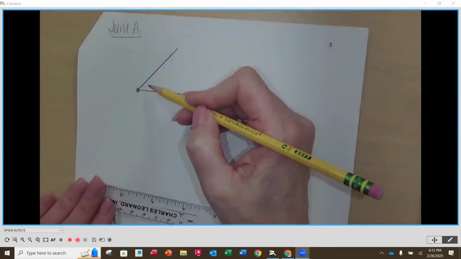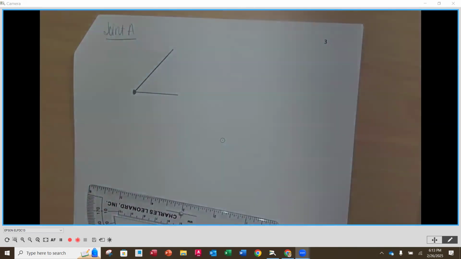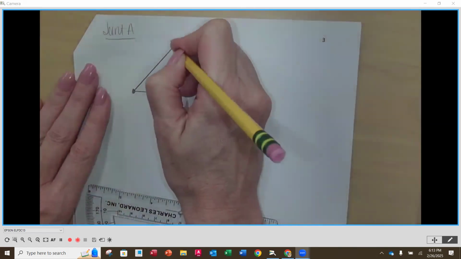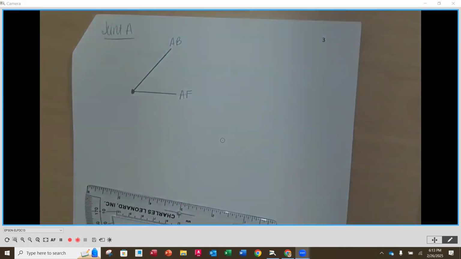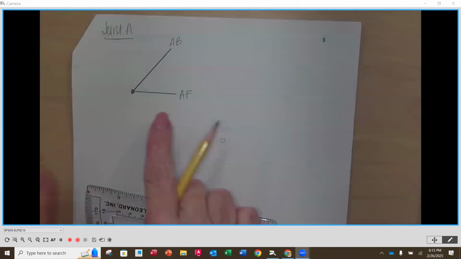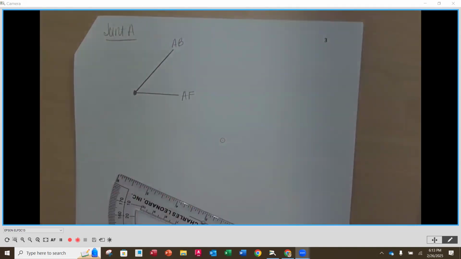So this represents the vector for the member. We're going to put arrowheads on in a little bit, but we're just going to label this AB and AF, okay? And that's going to be the label for the force, the variable for the force. So it's just line AF, line AB, but it's going to be represented by a vector.